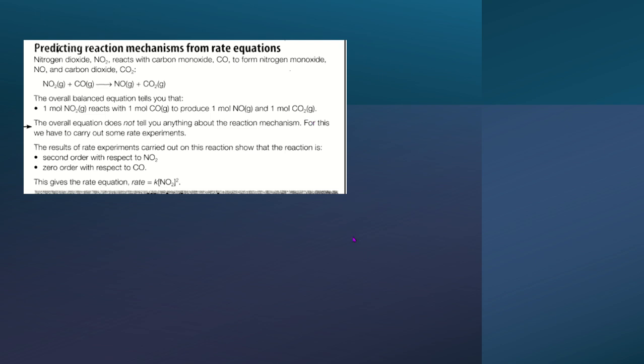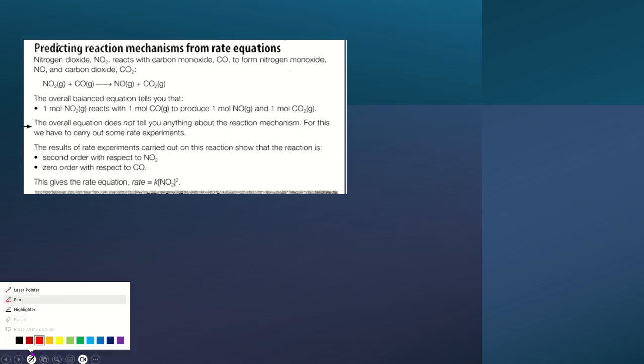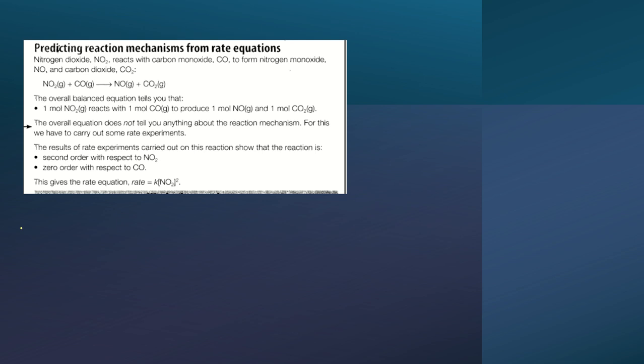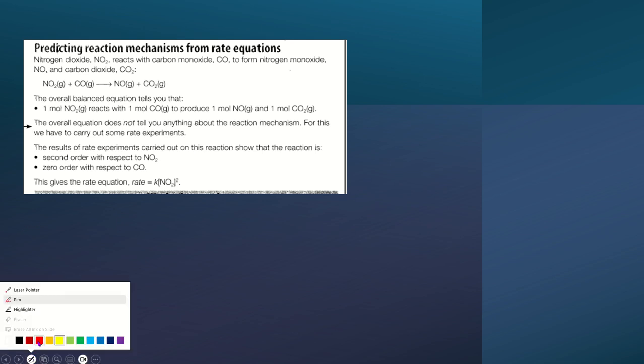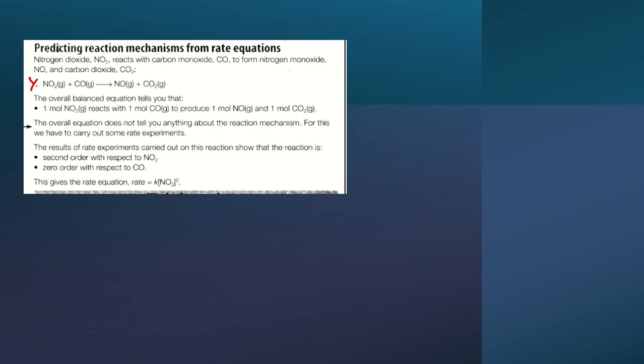So if we look at this example to begin with, we've been asked in this question to work out or suggest a mechanism. We have been given some information in the question, really important, we pick up on it. We've got the balanced symbol equation and we've got the rate equation.